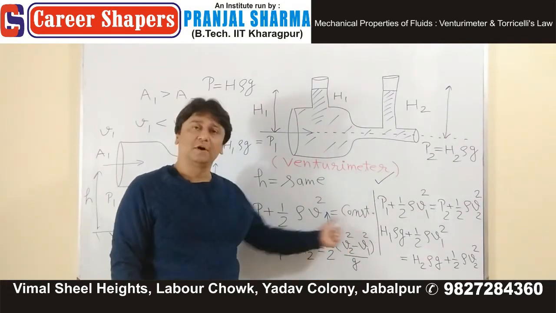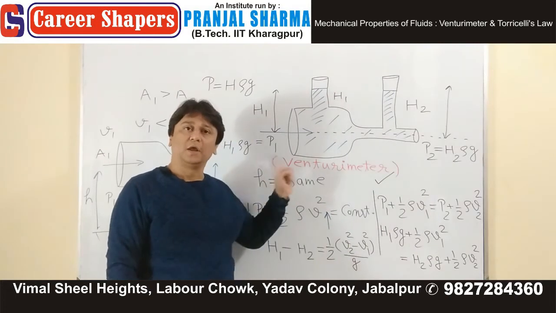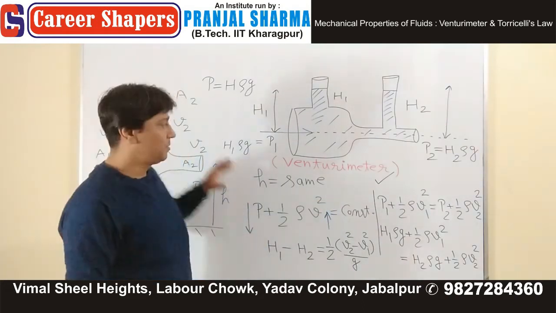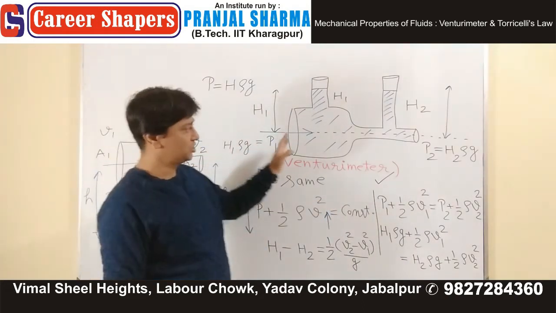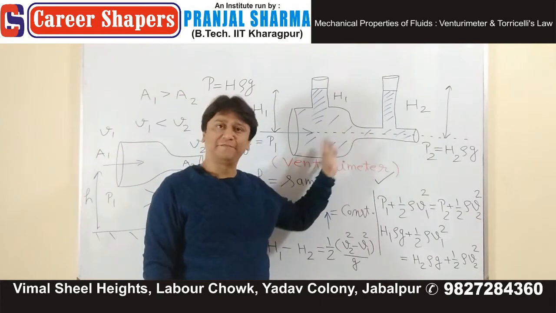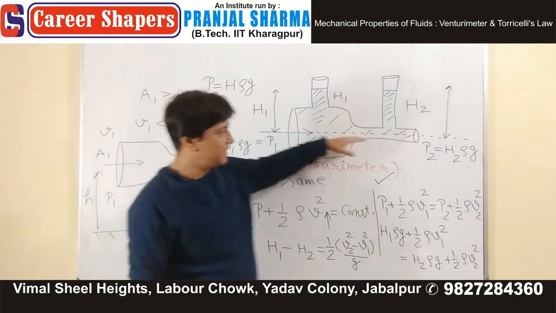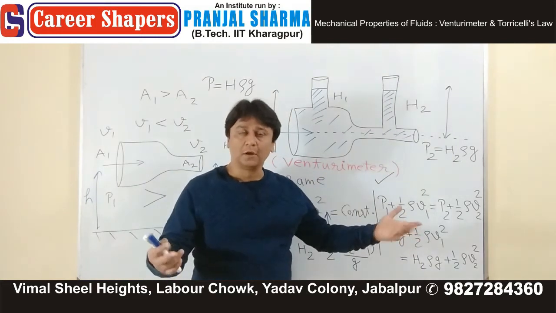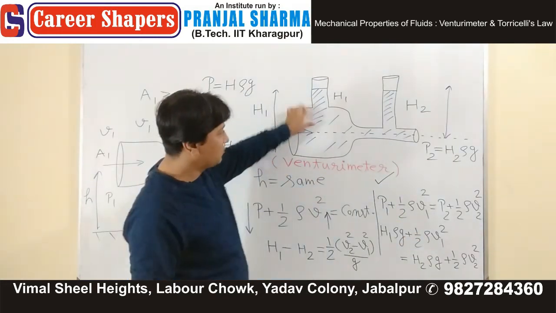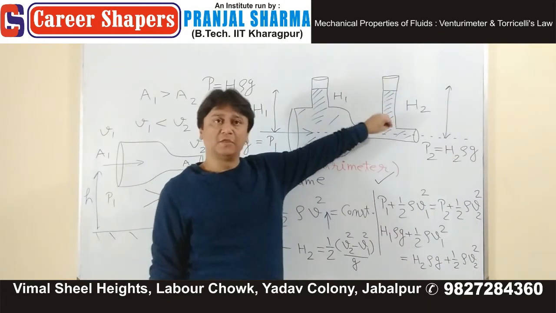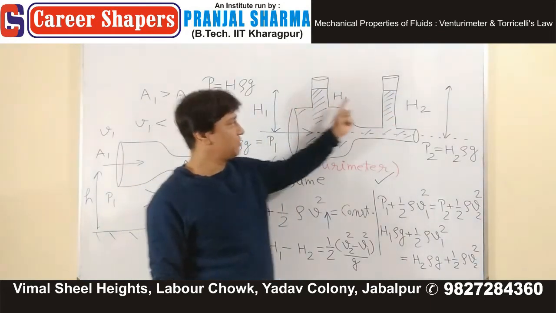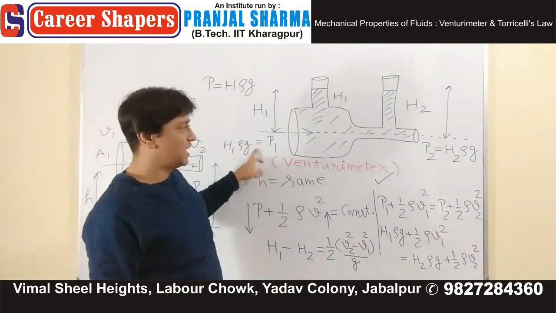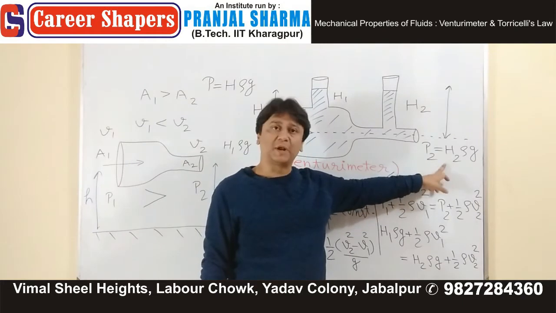Simple use of Bernoulli's equation in Venturi meter. What is a Venturi meter? You have a pipe with different cross-sectional areas at different places. At these different cross-sectional areas, if you want to measure pressure, how do you measure it? You can erect these vertical tubes, and if you look at the height of the water column, this height will give you the pressure.